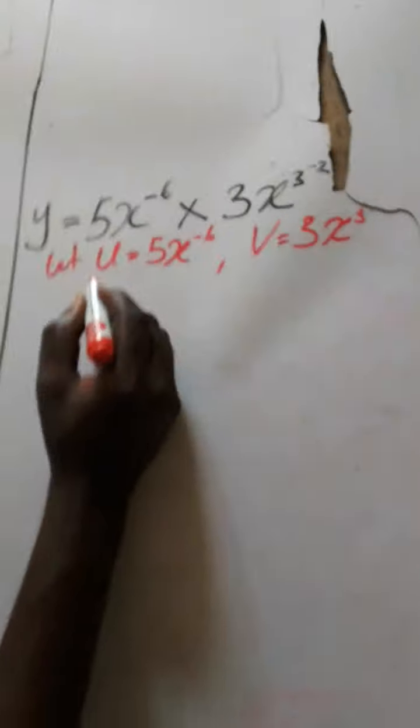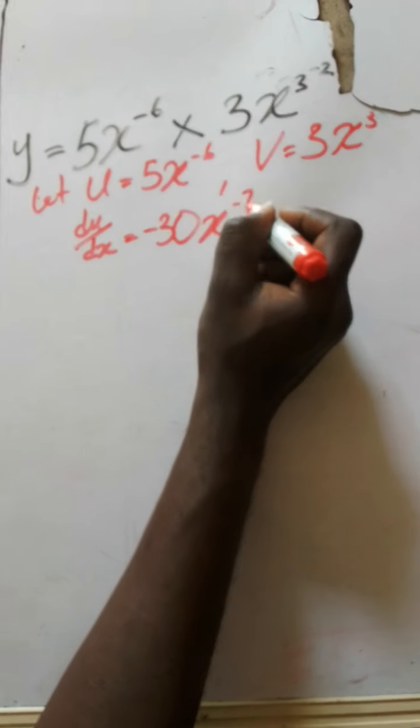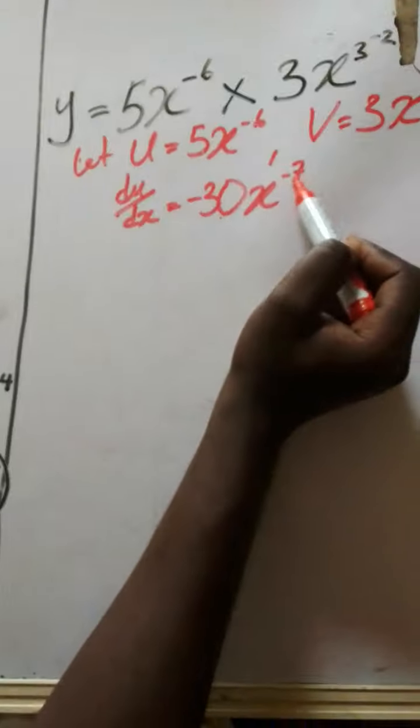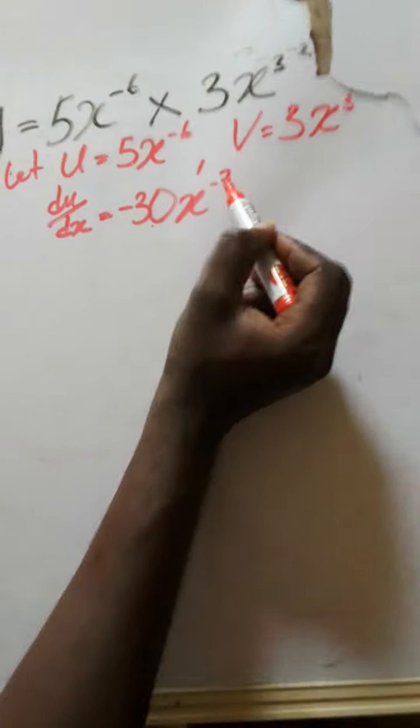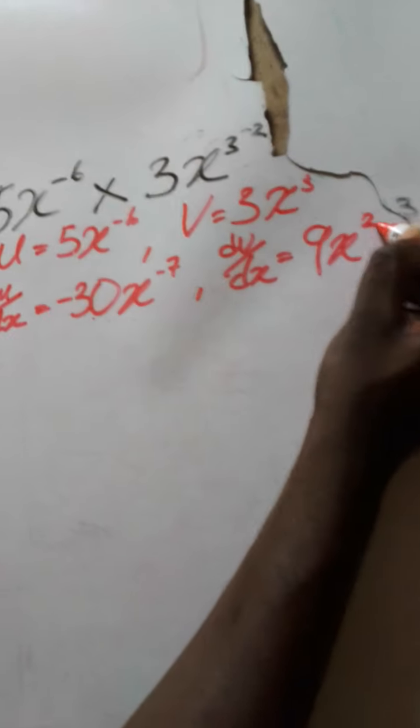Then we'll find the du/dx. du/dx equals minus 30 x raised to the power minus 7. I guess you understood how we did that. That's minus 6 times 5, minus 30 x, minus 6 minus 1, minus 7. So we have dv/dx, which equals 9x raised to the power 2.